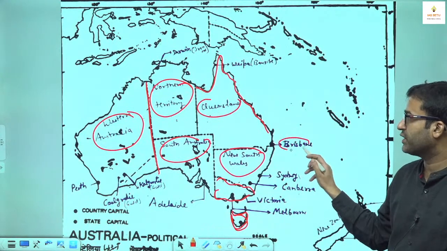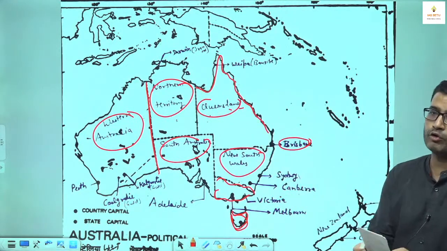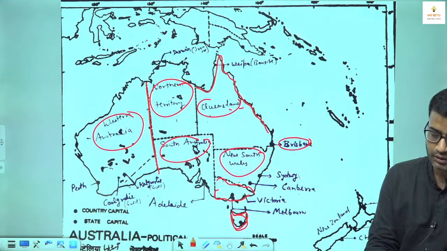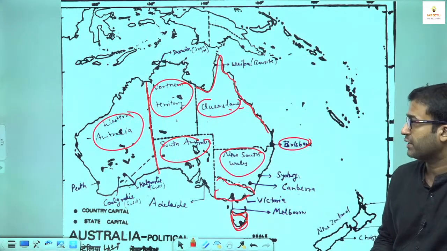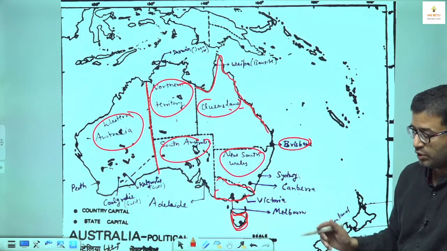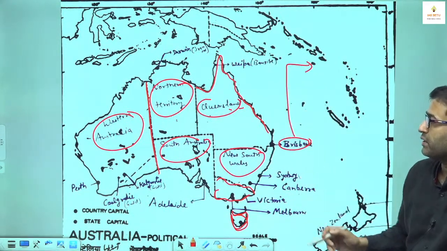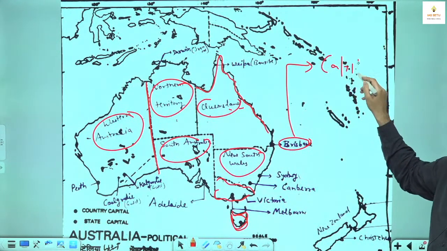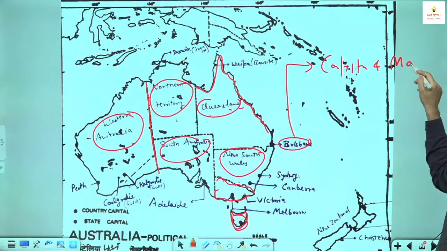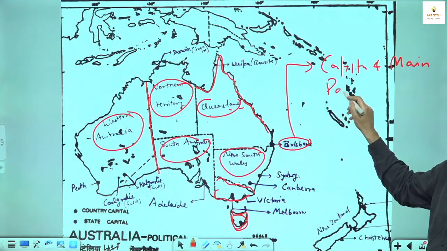So we start with Brisbane. It is the capital of Queensland. For Brisbane, you can note down, it is the capital and main port city of Queensland.